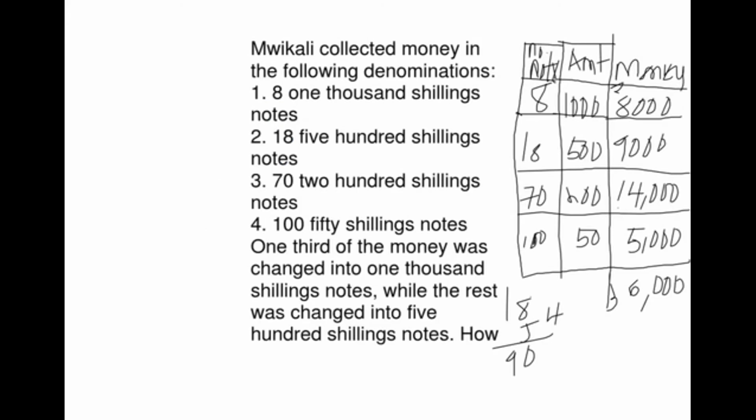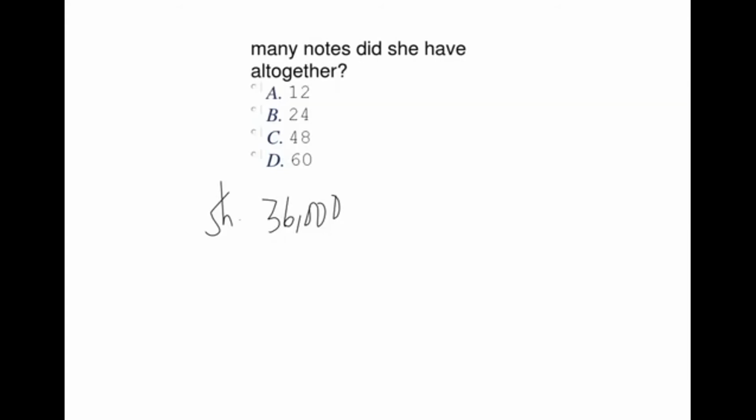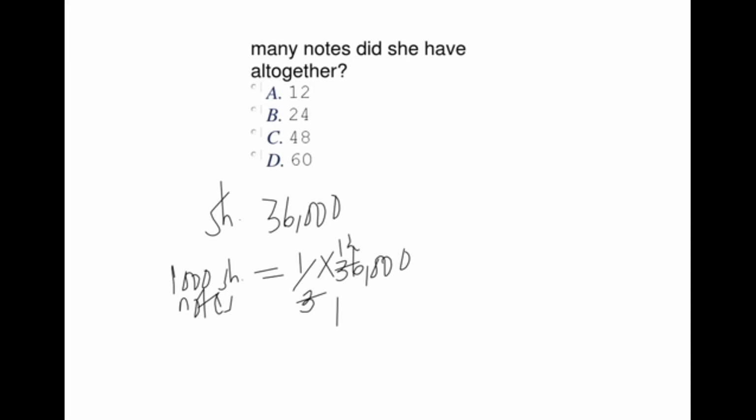Then we are told 1/3 of the money was changed to 1000 shilling notes. So the 1000 shilling notes is given by 1/3 of 36,000. So 36 divided by 3 is 12, so we have 12,000 shillings converted to 1000 shilling notes.